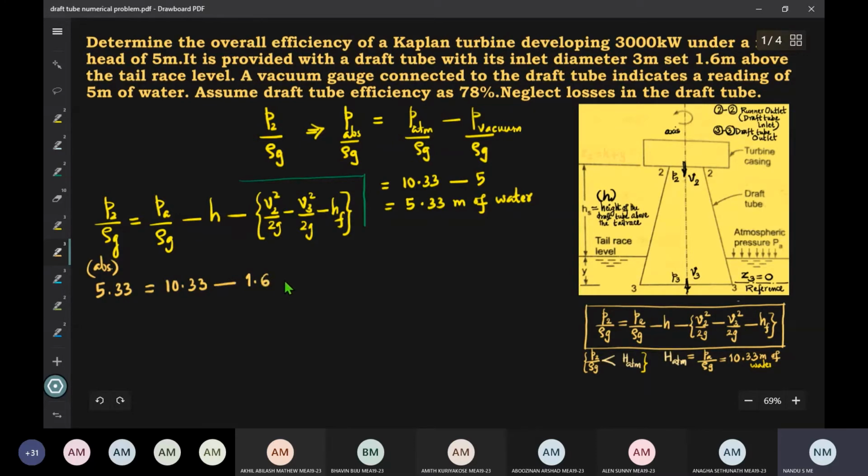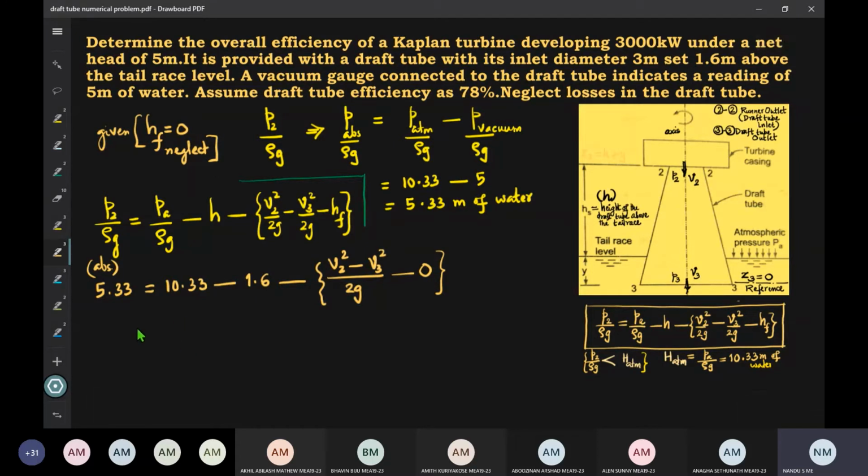That is 1.6. That is the given height of the draft tube above the tail race level. Then minus these two terms, write it as it is, V2 square minus V3 square divided by 2G. Then minus HF, that is the head loss in the draft tube that you can neglect.